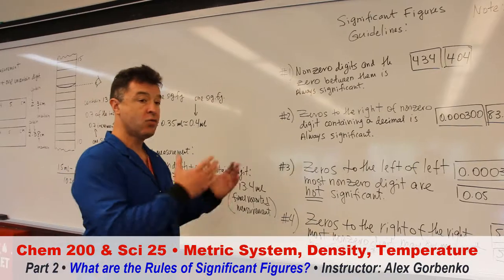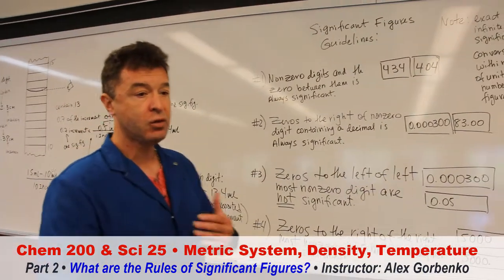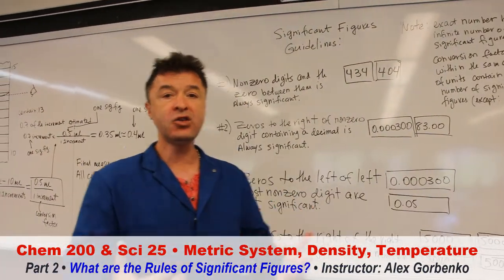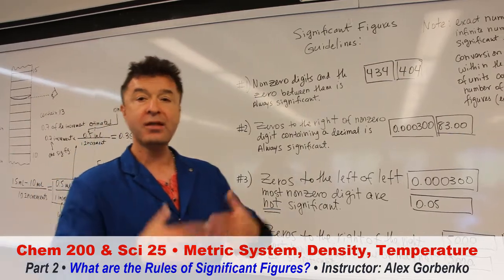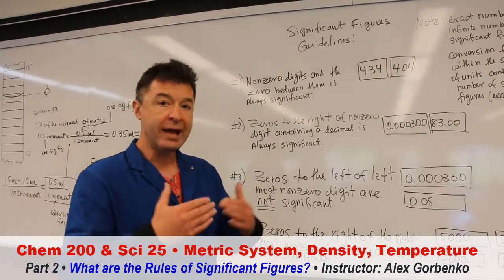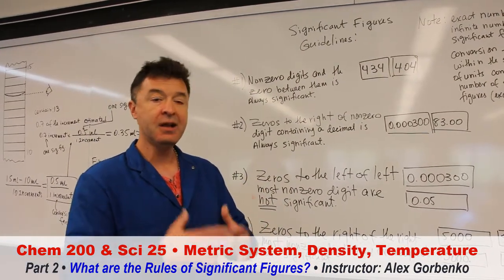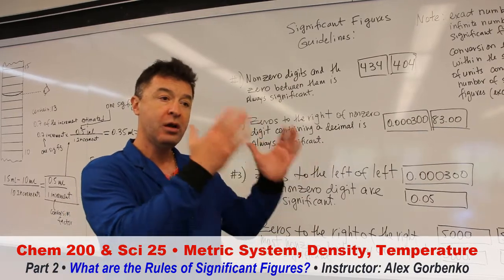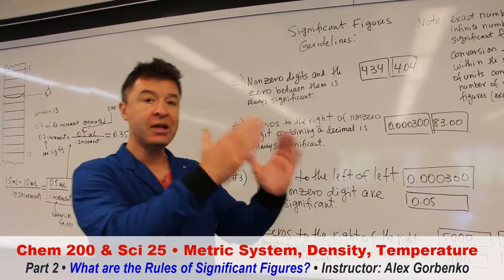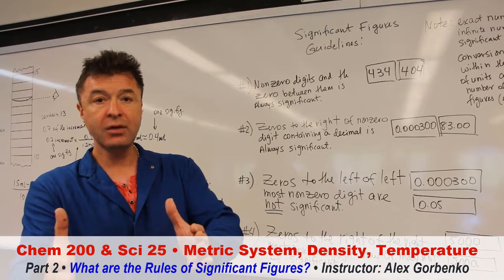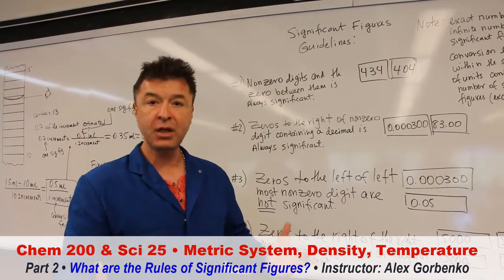The rules will tell you how many digits are significant. And what are the significant digits? When you take a measurement, the significant figures are all digits that are certain plus 1 uncertain. That's how you know the total number of significant figures.